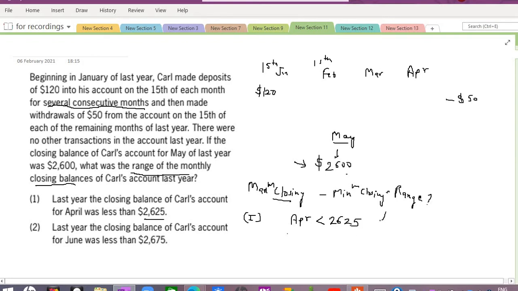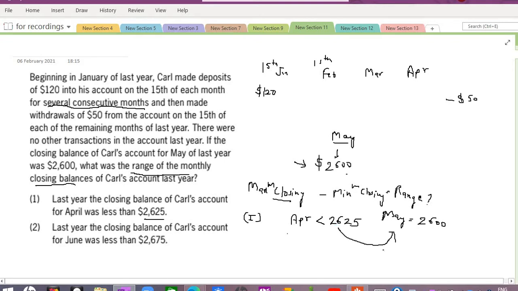And we already know that May's closing balance is 2600, but April's is this. So what do you think would have happened had he made a withdrawal in April?